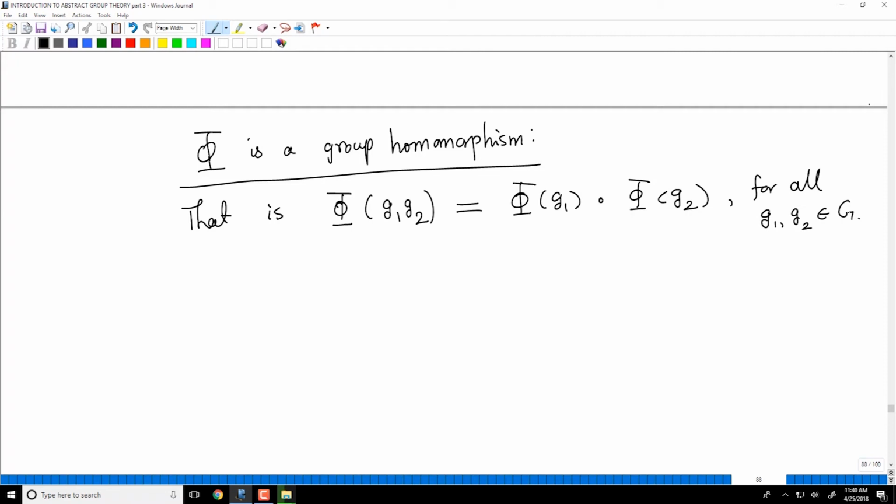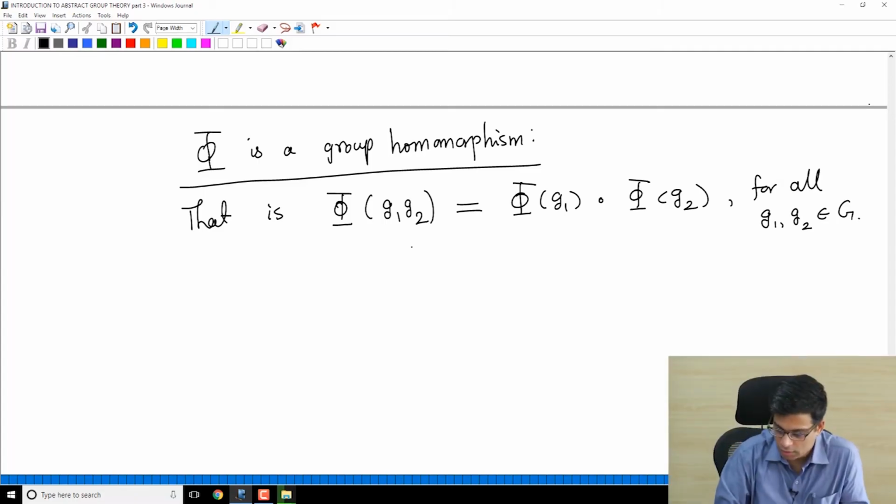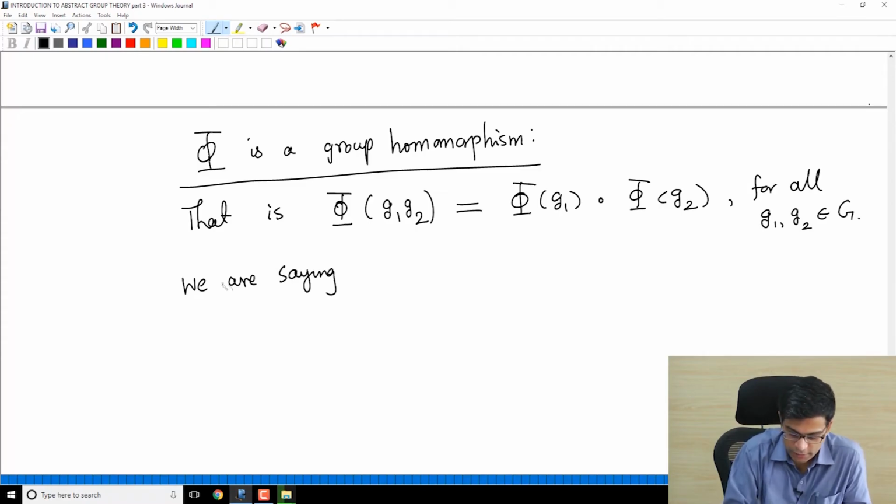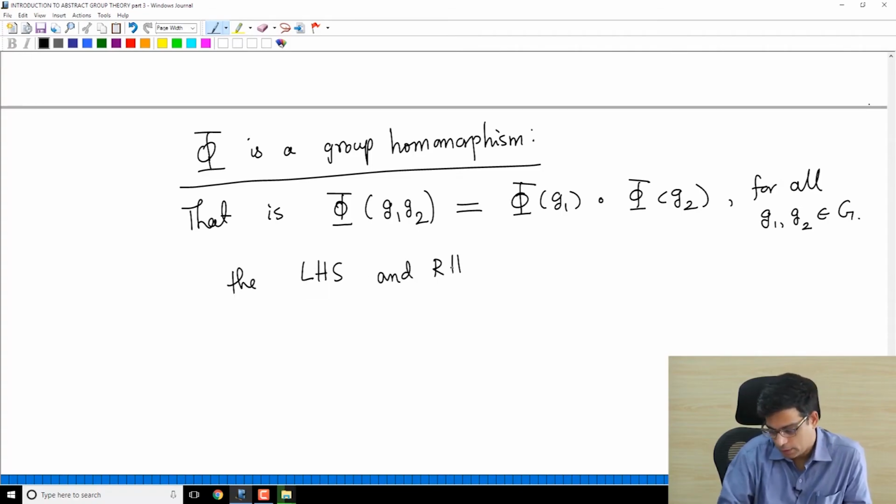Okay, so let's check this. So now we are saying two functions are equal because capital phi of g1 g2 is a function. So first let me say the left hand side LHS and the right hand side RHS are both functions, right? What are they really?